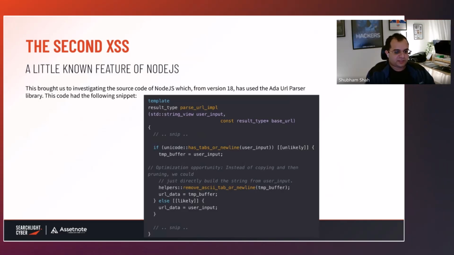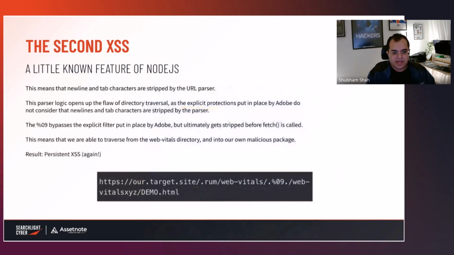Because the Helix RUM collector did have some sort of protection for directory traversal, but they didn't know about this little-known feature of Node.js, we were able to leverage this to get the XSS the second time around. How this manifested itself was that we came up with a payload where instead of just // we would do %09/, which wasn't picked up by the Helix RUM collector.